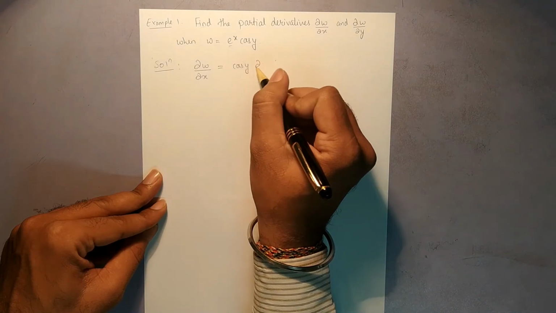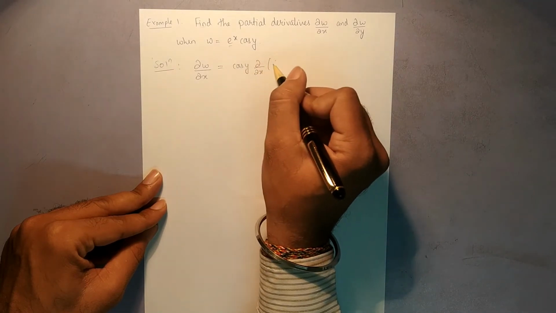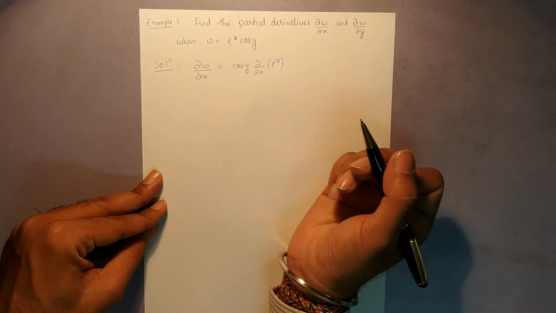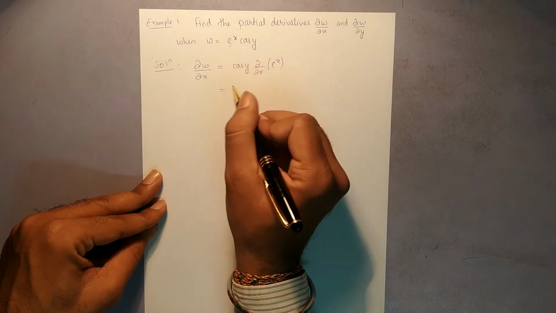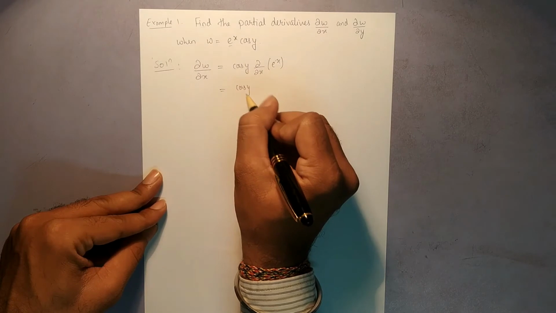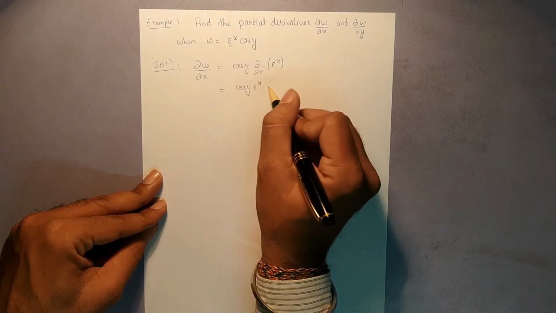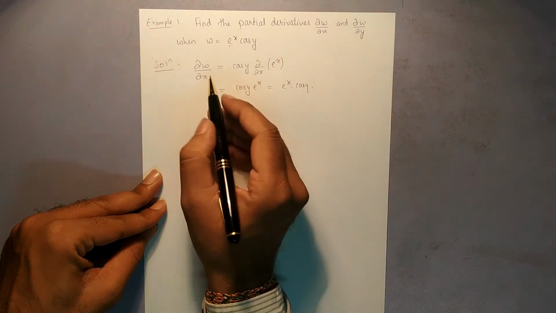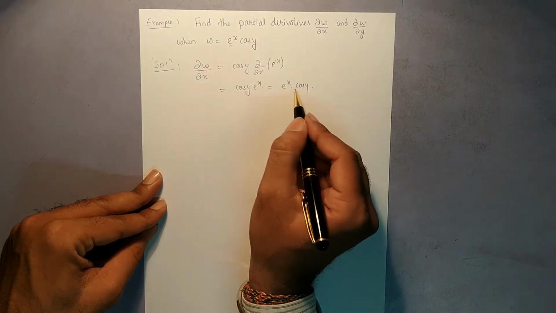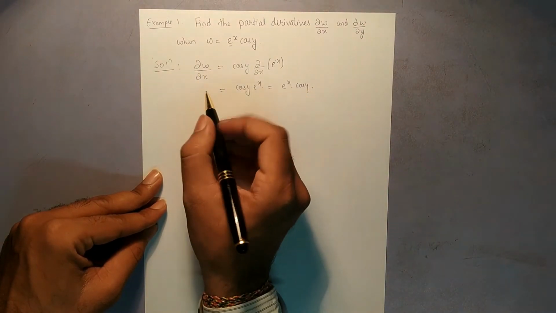So we differentiate e^x with respect to x. We know that the derivative of e^x is e^x. So this is given by cos y times e^x, and we can write it as e^x cos y. So ∂w/∂x is e^x cos y.